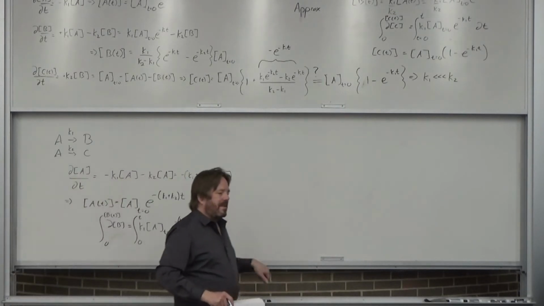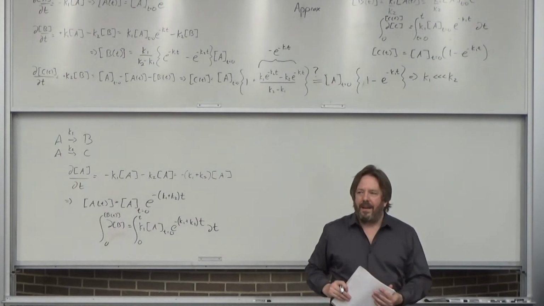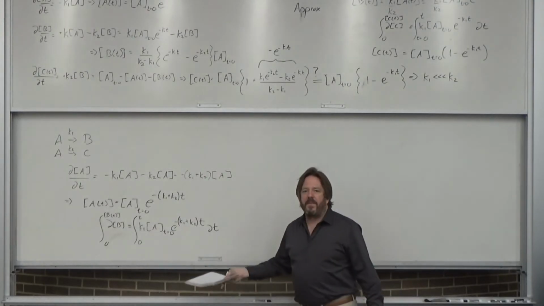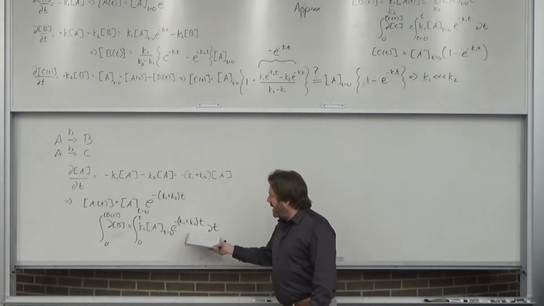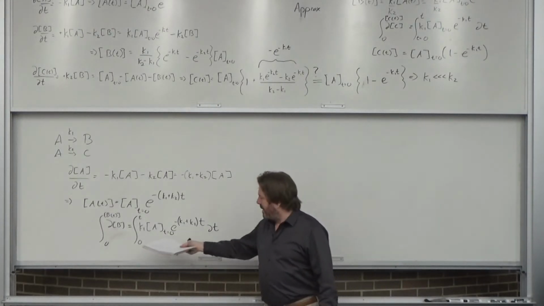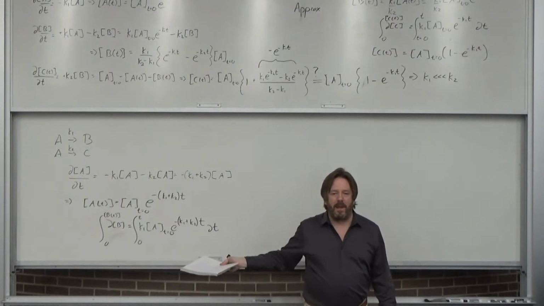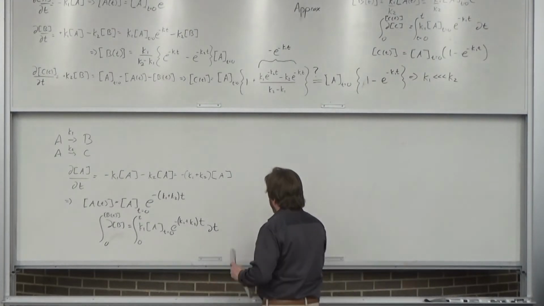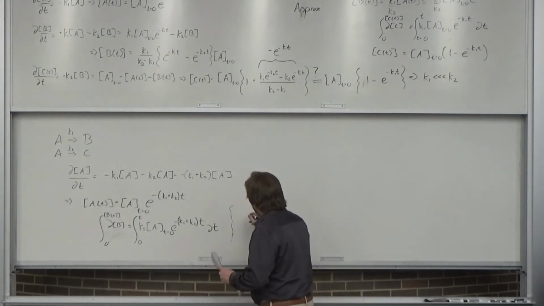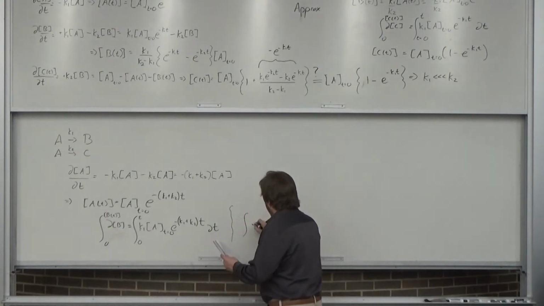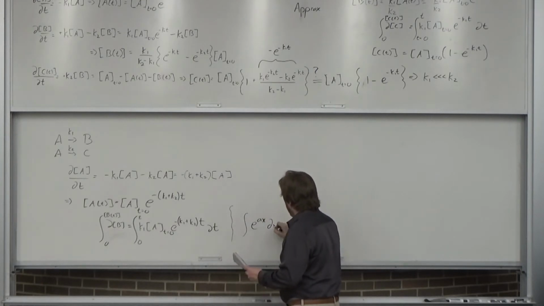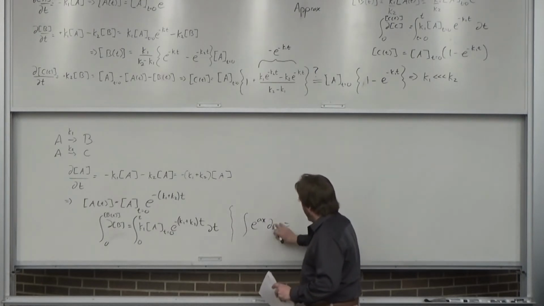Okay, now I promised you that, again, you're looking at this and saying, oh my God. Really, it's just the integral of an exponential, right? That's a bunch of constants. I know that it makes it look like, oh, I don't even know what that is. Hold on one second. Look at this.